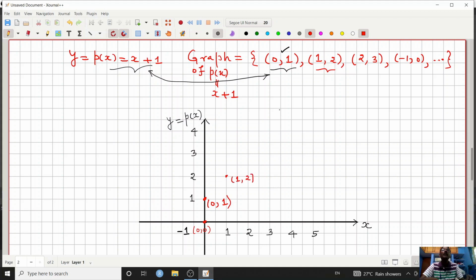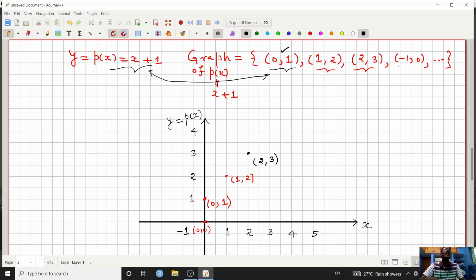We are plotting the points on the graph sheet. This is 2 comma 3. When x is equal to 2, y is 3. So this point should come. Let us plot it. This is the point under consideration, 2 comma 3.